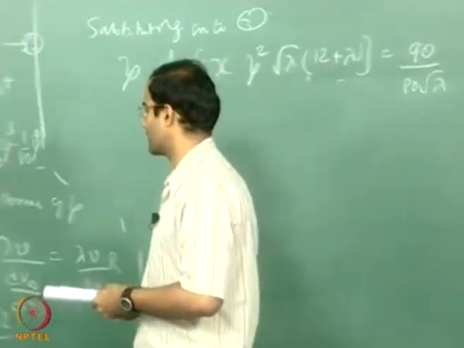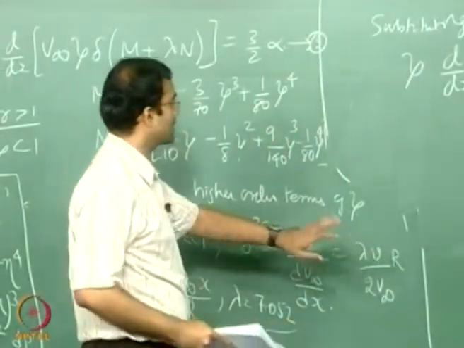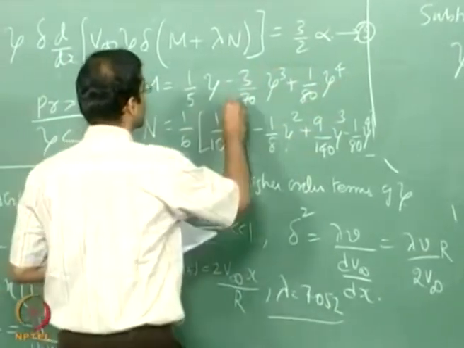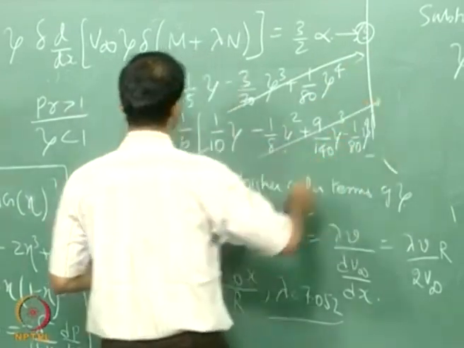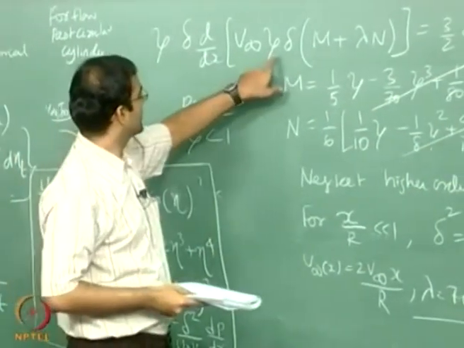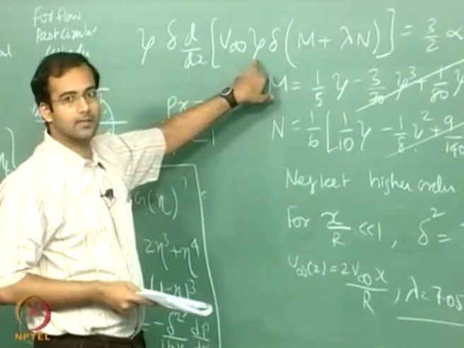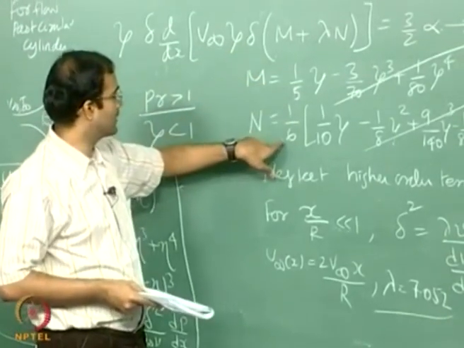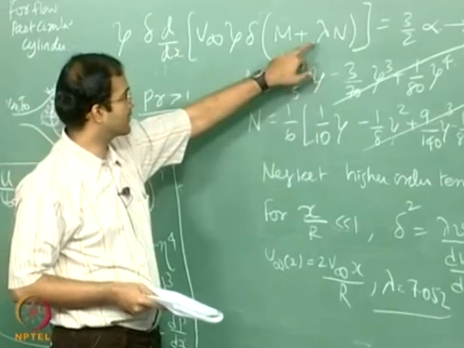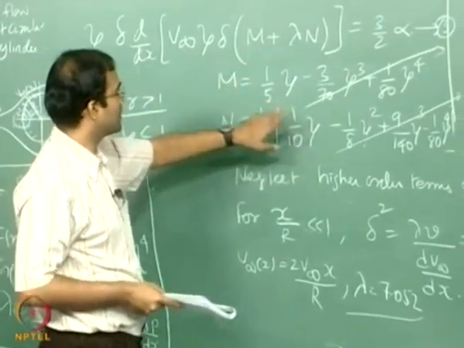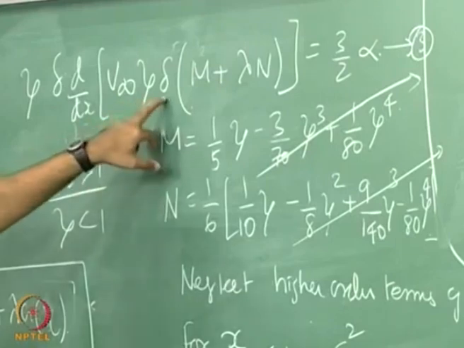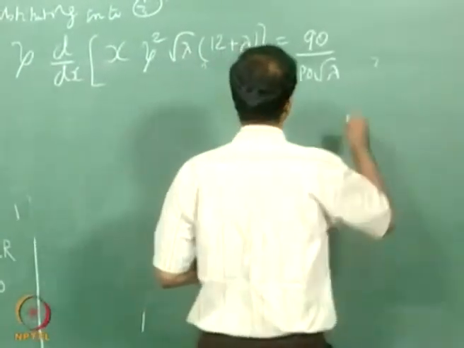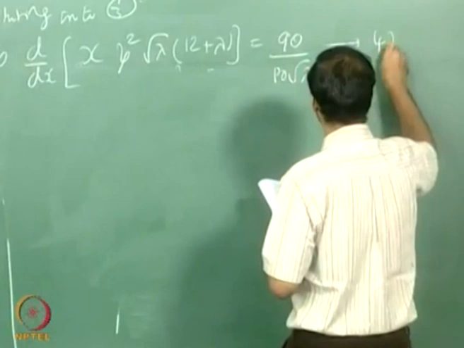So everything will be in terms of lambda, and of course you have neglected all the higher order terms. Only the zeta square term will be there. So this will be 1 by 5 zeta plus 1 by 60 into zeta into lambda. If you take the zeta term out, that will be zeta square here, and you substitute for delta whatever expression that we have. So everything will be reduced to this particular form. Let us call this 4.